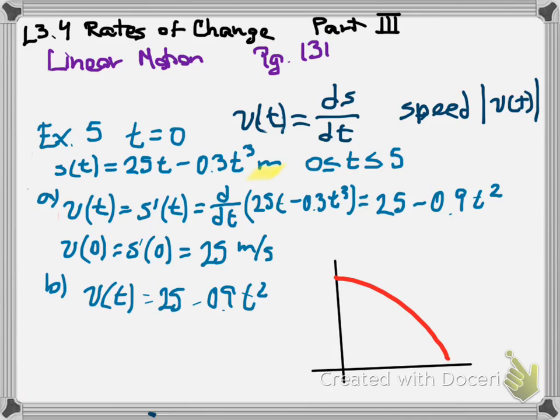That means that this is the time and this is the velocity. So it's decreasing. So that means that the truck is slowing down. Okay, that was example number 5.